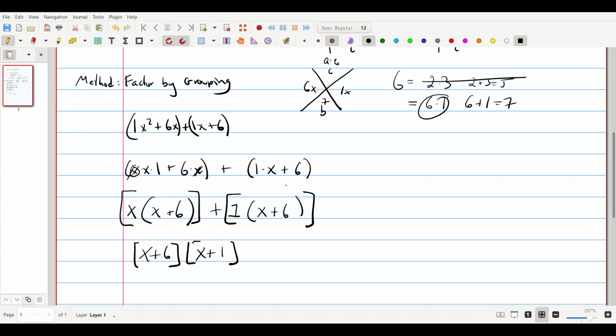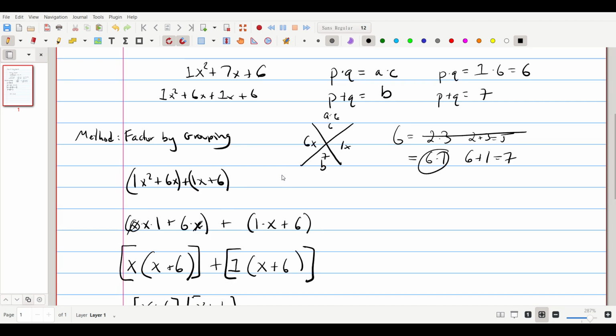Notice that when we started this problem, it started with x squared plus 7x plus 6. And then we found the p and q that worked were 1 and 6. When this is a 1, once you find out what these two terms are, all you have to write is x plus 1, x plus 6, and you're done.